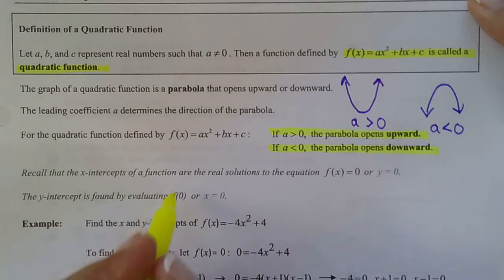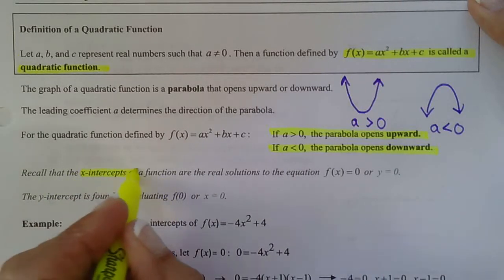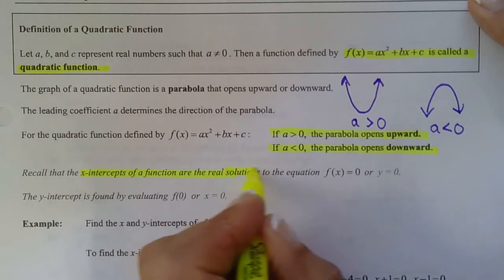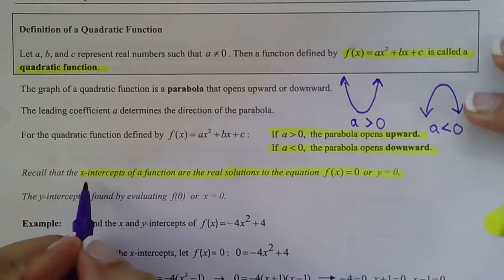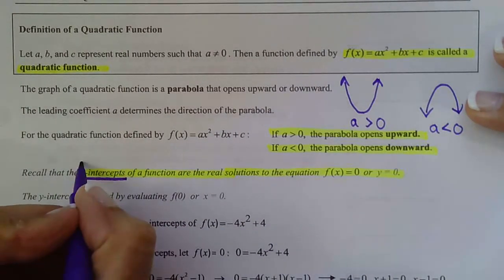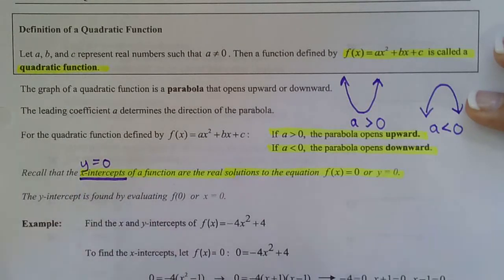And then let's highlight this. This is from our prerequisites chapter, or from your 091 class. When we're finding the x-intercepts, we make y 0. Why? Because every single point on the x-axis has y 0: 1, 0, 2, 0, 3, 0, 4, 0. So we're not making that up.